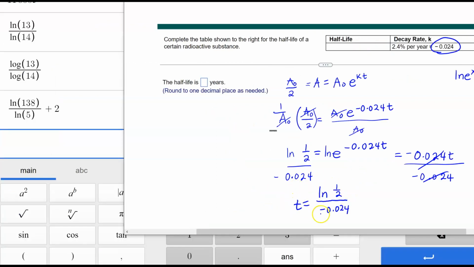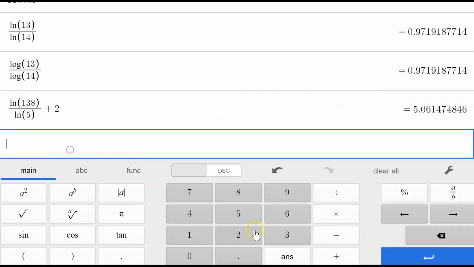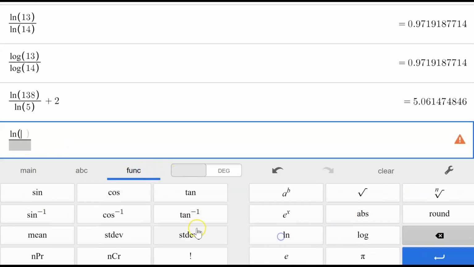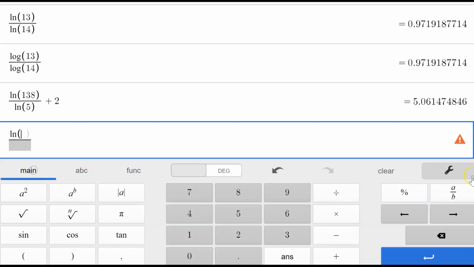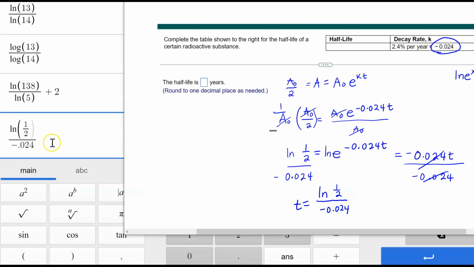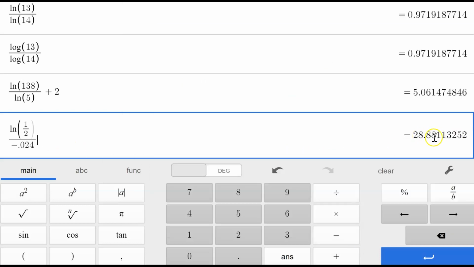So let's go ahead and input this to our calculator. We have ln of 1/2 in the numerator, and the denominator is negative 0.024. And then this is the answer.